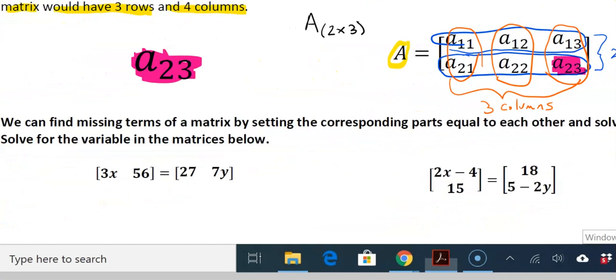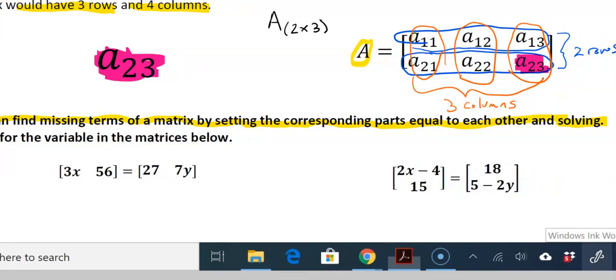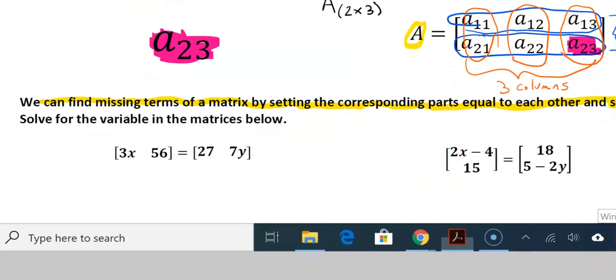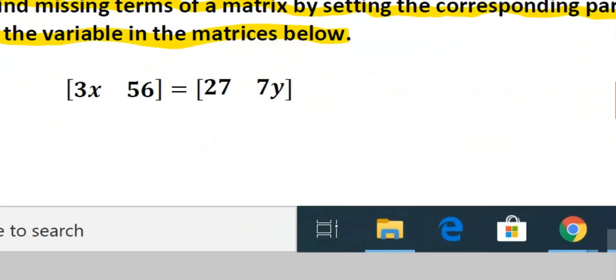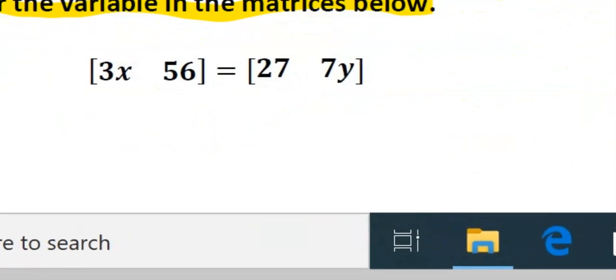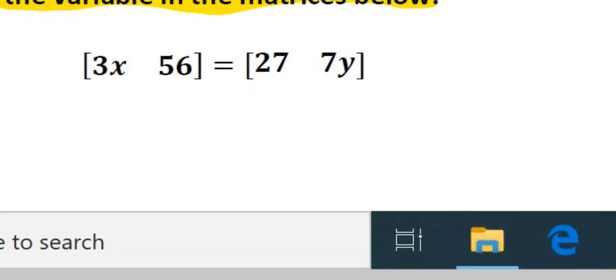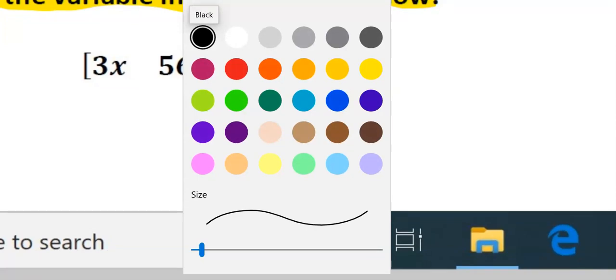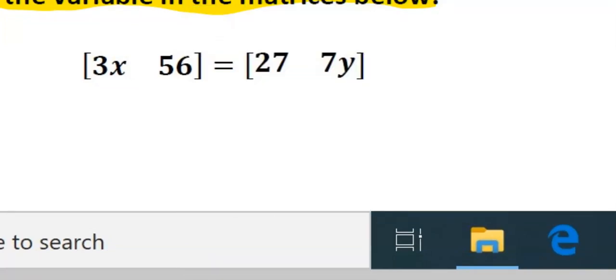And then we can find the missing terms of a matrix by setting the corresponding parts equal to each other and solving. So it says solve for the variable in the matrices below. In this case, we look at that first one. 3x, this is a 1 by 2 matrix.